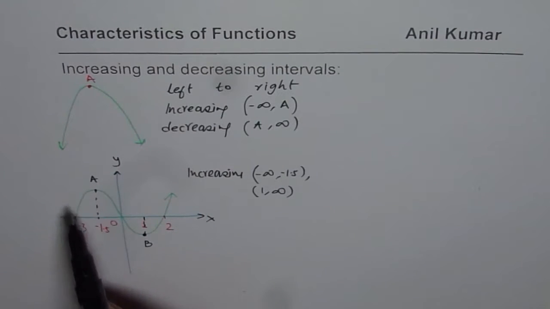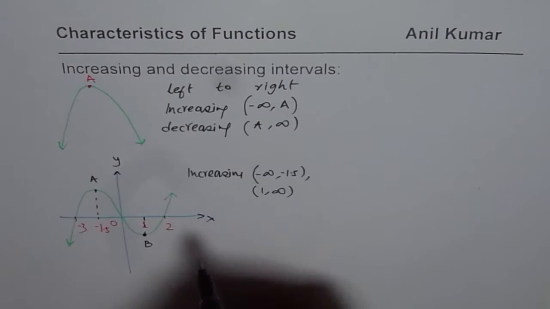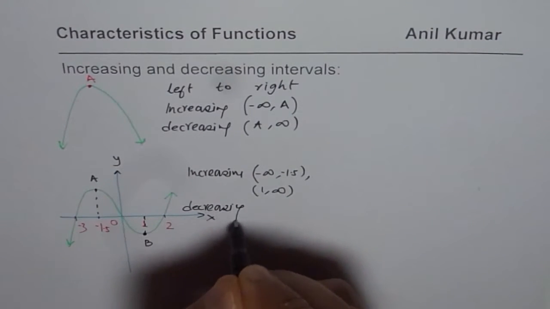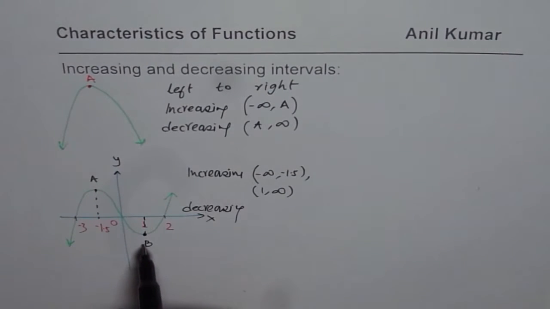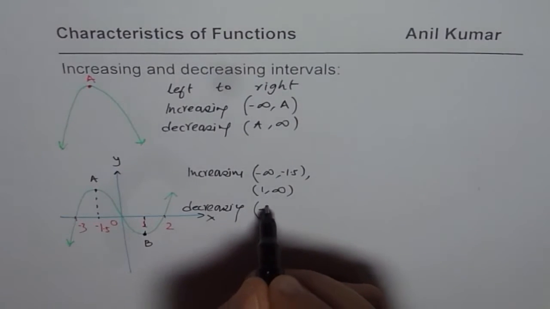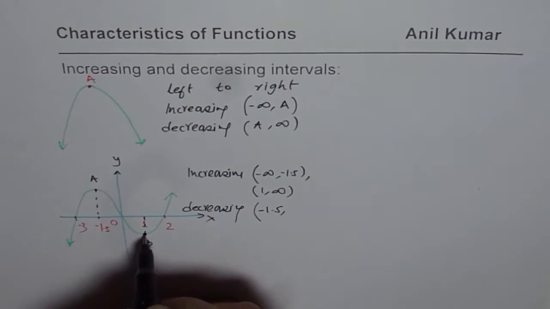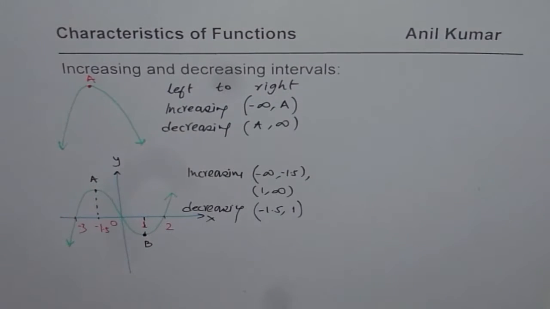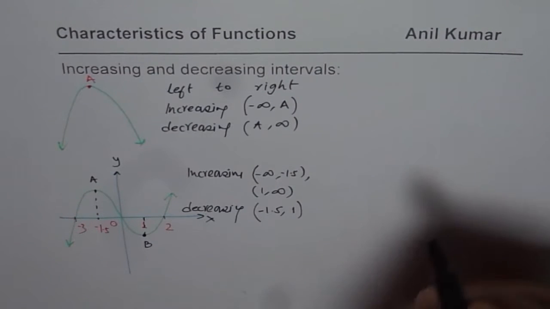It is increasing as we move from left to right. As far as the decreasing interval is concerned, it is between A and B, that is from the x value of minus 1.5 to 1, right? So that is the interval in which this particular function is decreasing. I hope with this the concept of increasing and decreasing interval is absolutely clear.